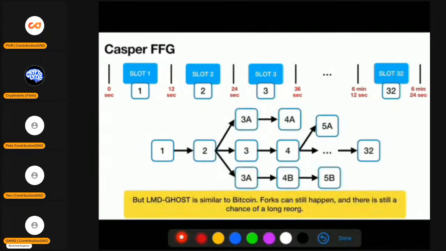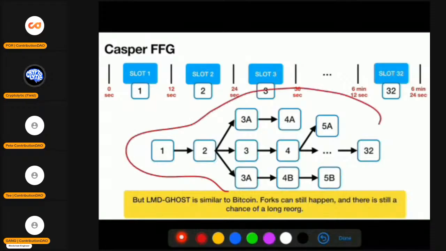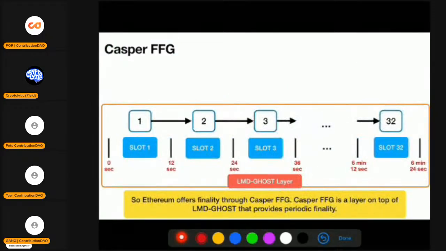With only LMD, without finality, Ethereum can have a long reorg just like Bitcoin, and that is going to be solved by Casper FFG.